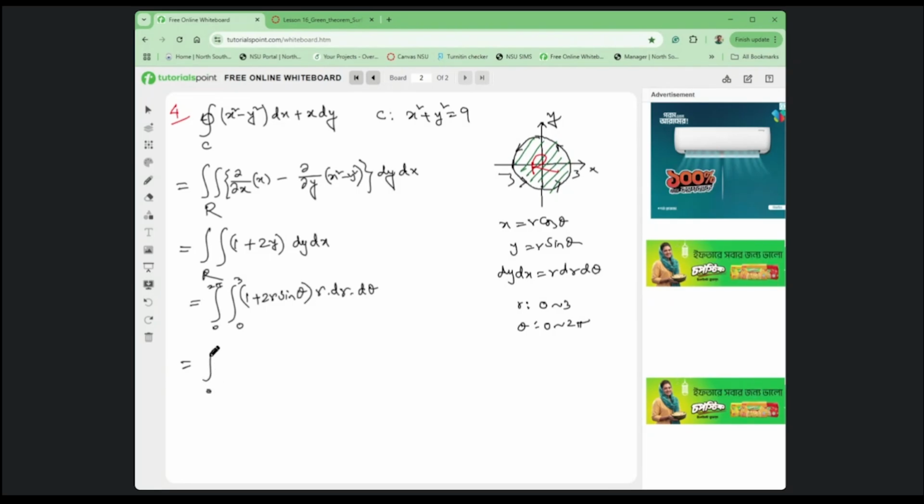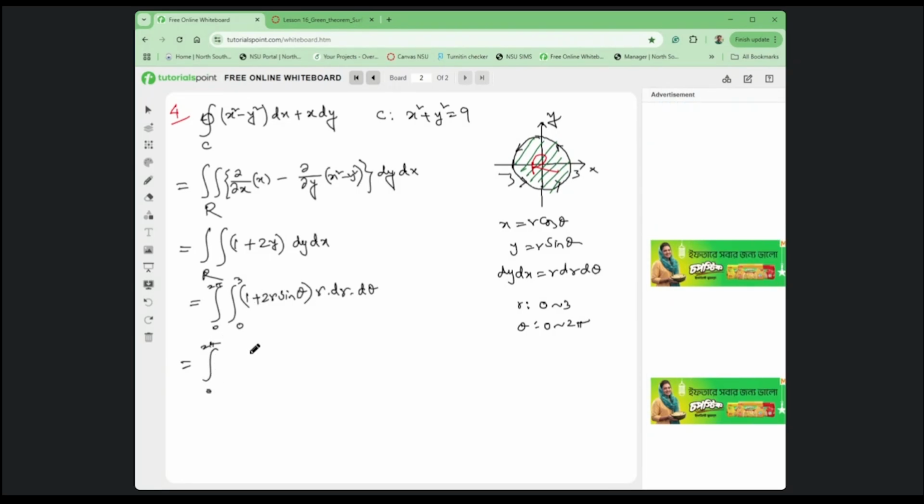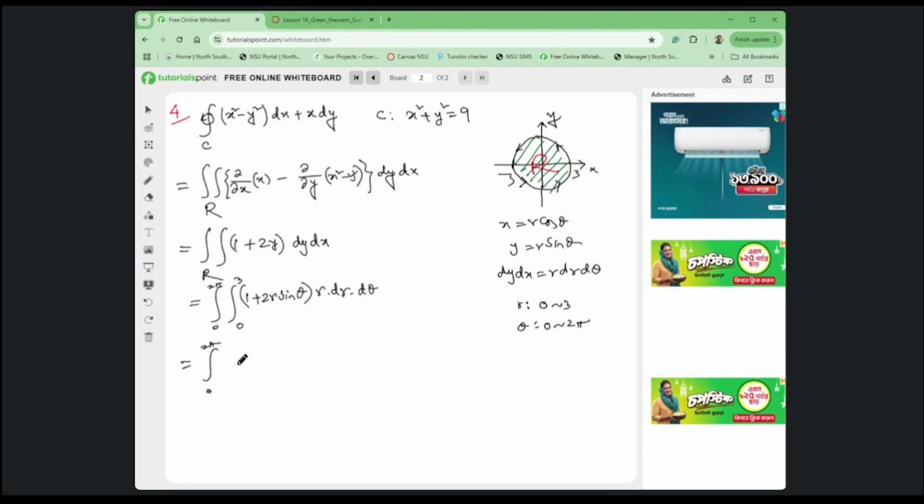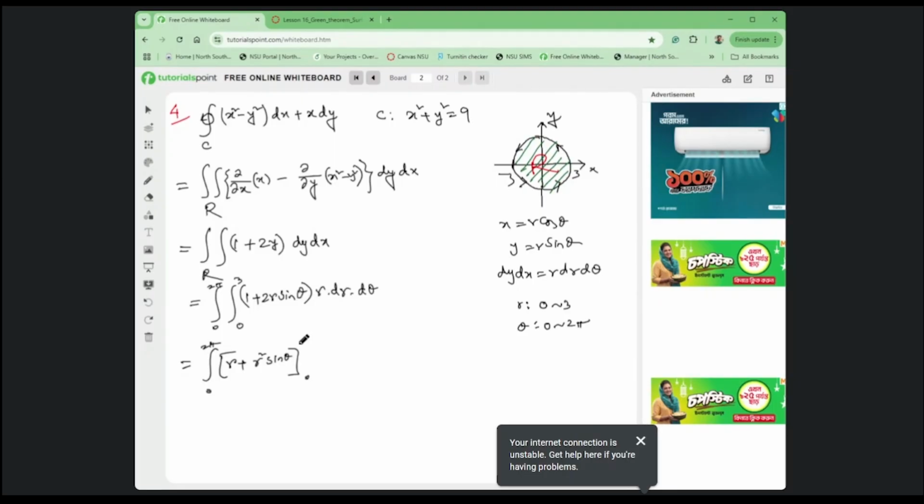So the outer integration is 0 to 2 pi, and the inner integration is complete. That would be 1 into r plus r square sin theta, 0 to 3, d theta.